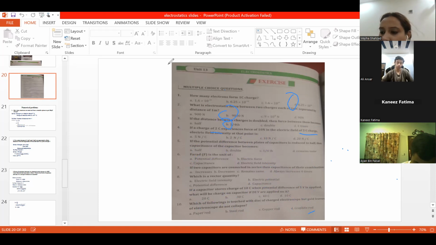Okay, in statement number 4, we have to find out the electric field intensity. So Ali Ansar, can you tell me what is the formula for electric field intensity? We have learned in class electric field intensity. Yes, Ayan bin Faisal. What is the formula for electric field intensity? How can you write electric field intensity in a mathematical form?